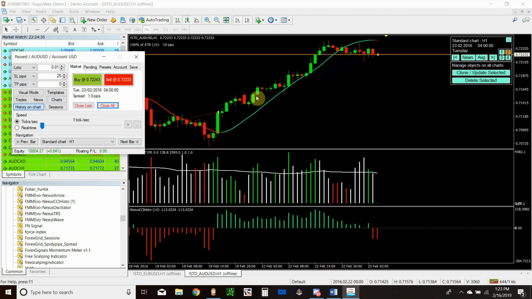Well, and that one we exited in profit. So now we want to watch for a short trade because we got red here, we got red on the CCI. We want to watch for our red candle here.